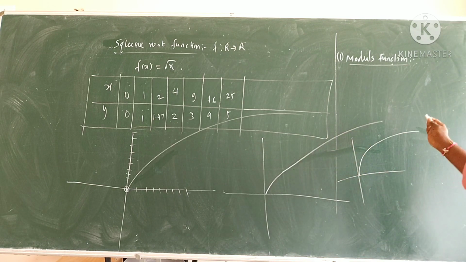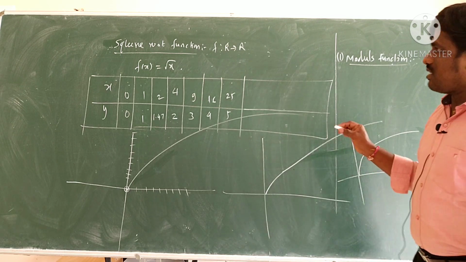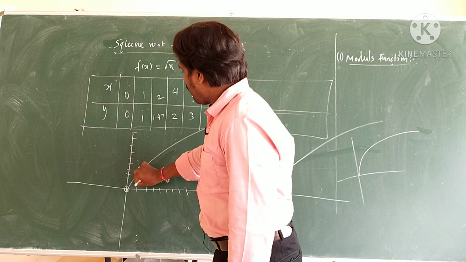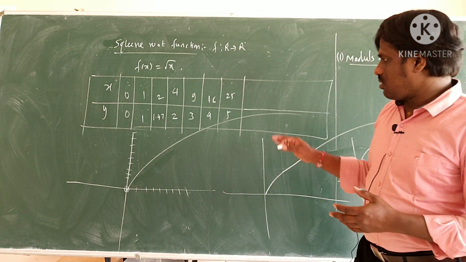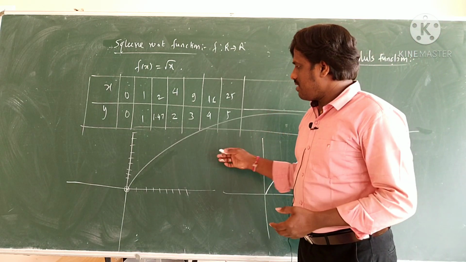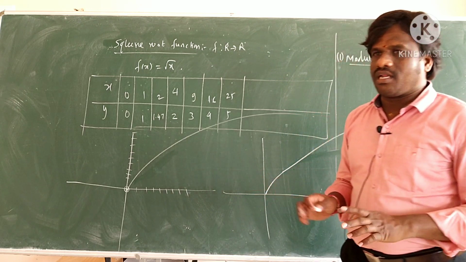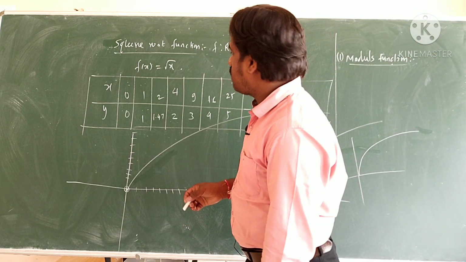It's bent, it goes like this. So this is the square root function. If I substitute these values, I get the input, and according to that I will get the graph. Here I cannot show you that way because my scale is not proper. If you take a proper scale, you can get the answers. You can try it at home.